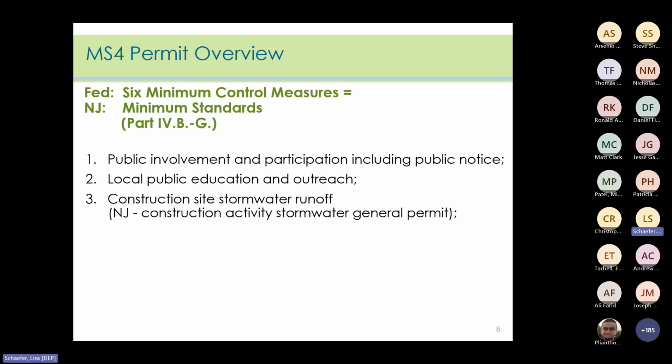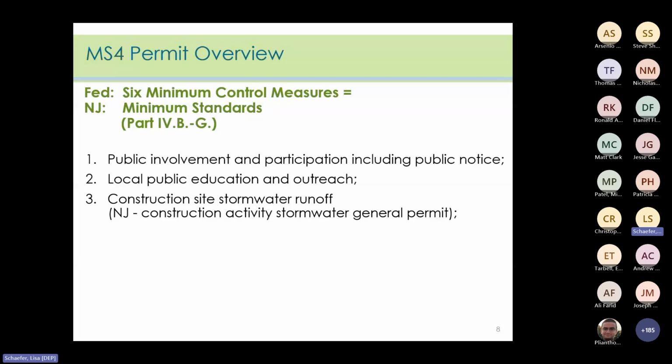The federal program requires that MS4 stormwater programs include 6 minimum control measures. The New Jersey MS4 permits require the same 6 things, except they're called minimum standards, and they're found in Part 4, Sections B through G of the permit.